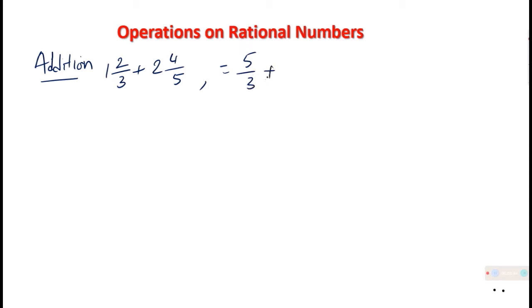Addition of rational numbers. For example, if the question is to add 1 and 2 upon 3 plus 2 and 4 upon 5, it's a mixed number. Immediately we will convert this into 1, 3 plus 2, 5 upon 3 plus 14 upon 5. Then we will apply our common sense. Denominators are different. LCM is 15.